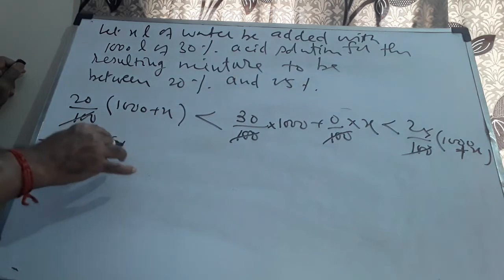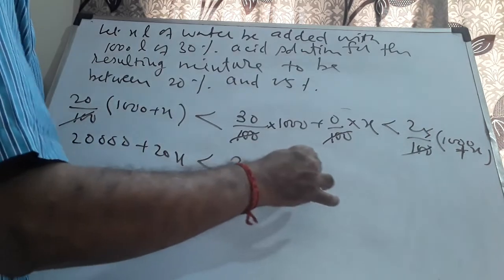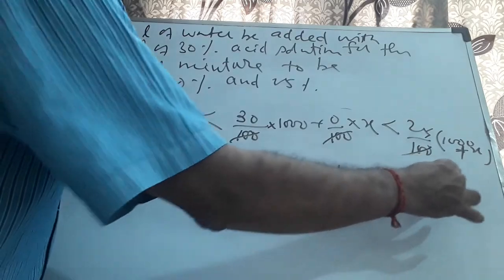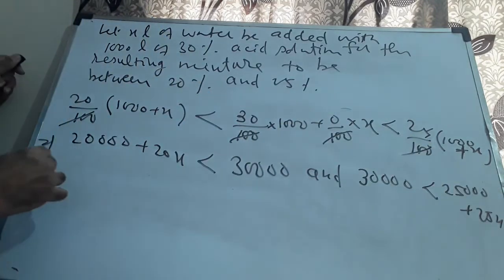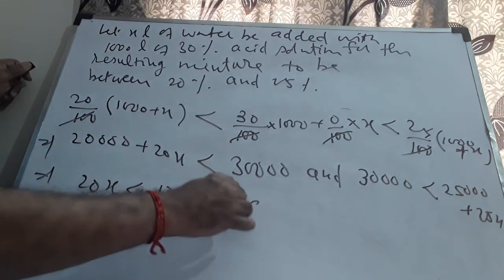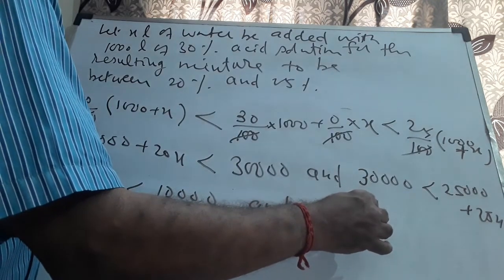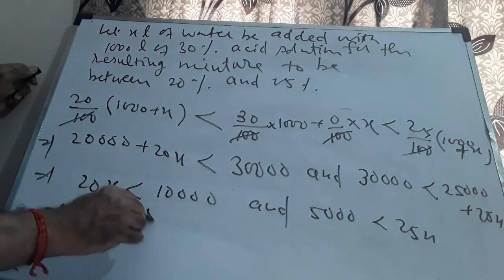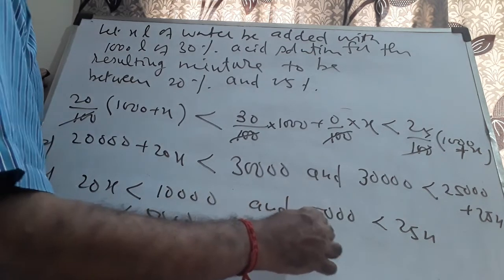Now 20,000 plus 20x less than 30,000, and 30,000 less than 25,000 plus 25x, which will imply 20x less than 10,000 and 5,000 less than 25x, which implies x less than 500 and x greater than 200.